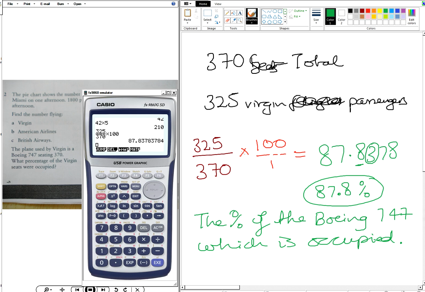We understand that. So we have 370 seats in total, and only 325 passengers on there. So 325 over 370 is the fraction of the plane that's occupied. To change the fraction to a percentage, times by 100, then we round to 1 decimal place to give a sensible answer, and now we have our answer. And that's the end of question number 2, and that's where we end this video, and then we can try some questions.